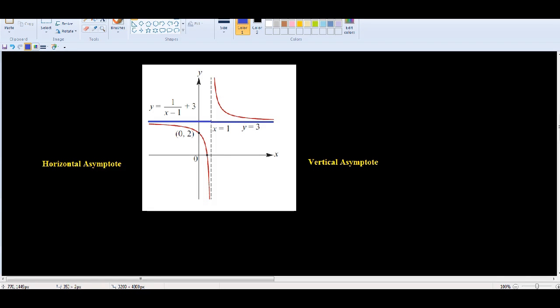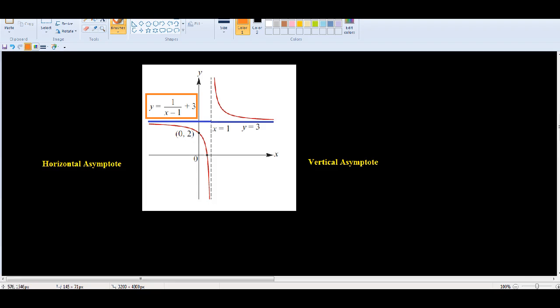This time it is along the line y equals 3. Why is y equal to 3? Let's have a look at the function. The function here is y equals 1 over x minus 1 plus 3.